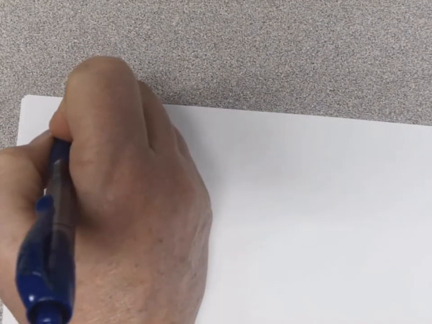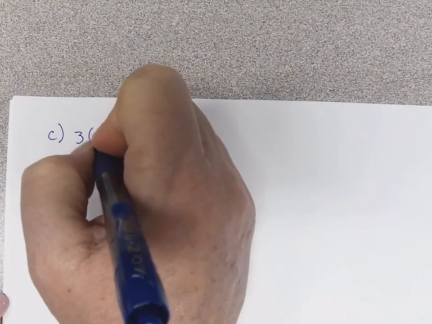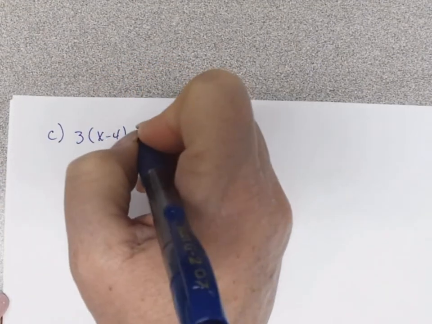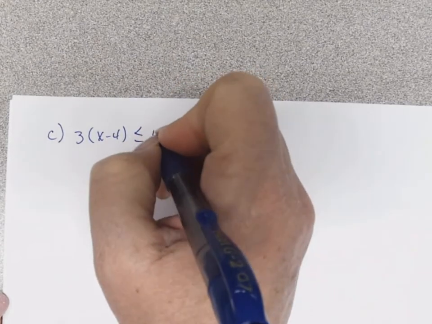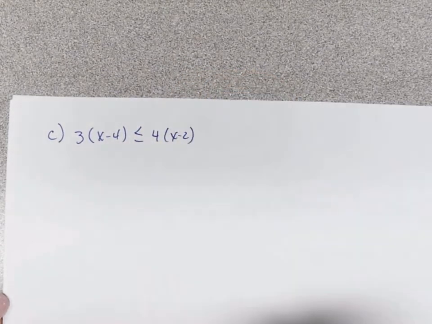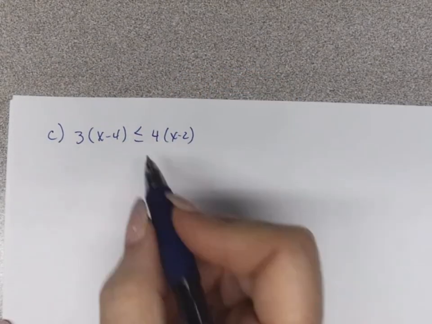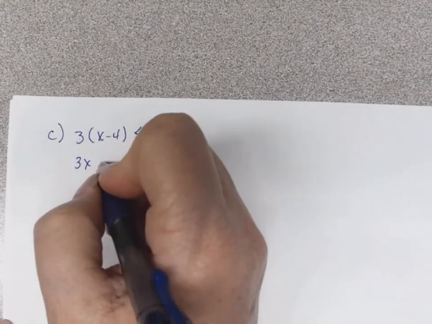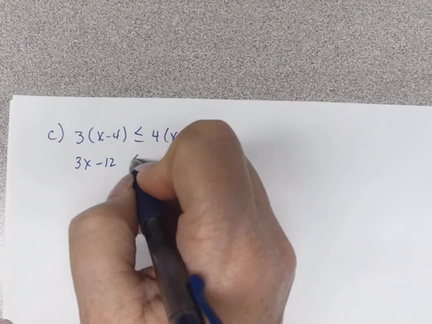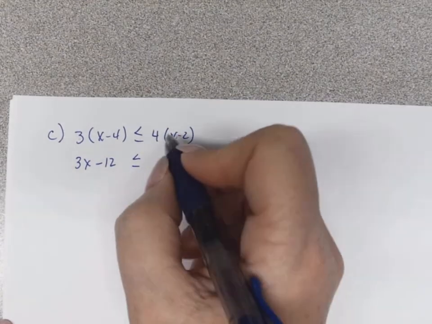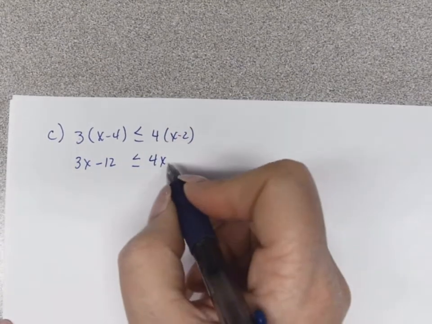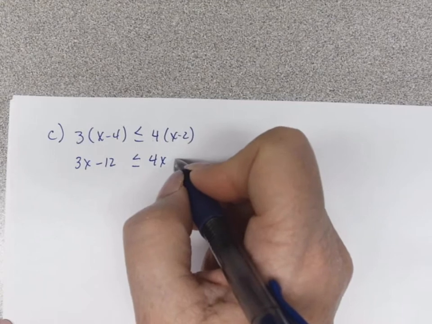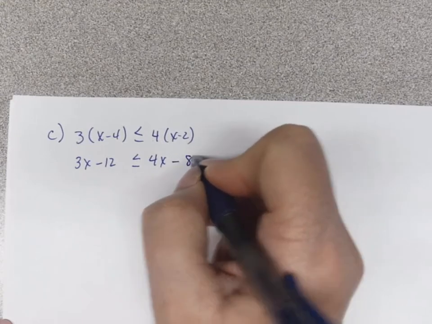So we're looking at part C. We have 3 times x minus 4 less than or equal to 4 times x minus 2. First thing I need to do is distribute. So 3 times x is 3x. 3 times negative 4 is negative 12. Less than or equal to 4 times x is 4x, and 4 times negative 2 is negative 8.